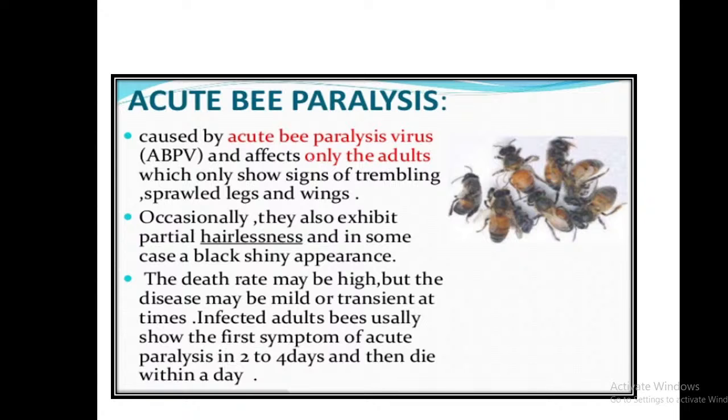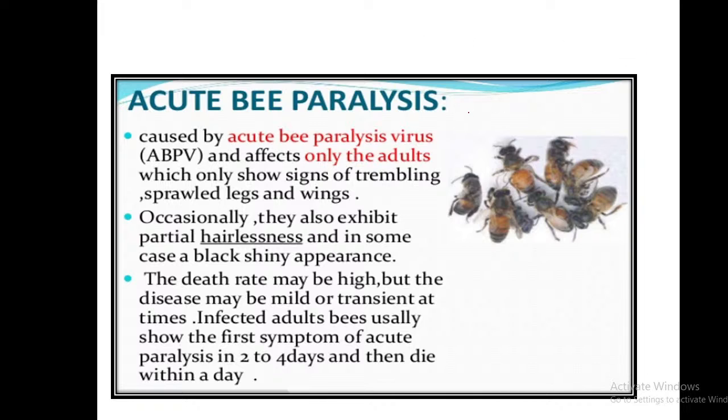Then next is acute bee paralysis. Paralysis എന്ന് വെച്ചാൽ honeybees move ചെയ്യാൻ പറ്റാതെ വരുന്നത്. That is known as acute bee paralysis, and that is caused by ABPV, that is acute bee paralysis virus. This is also caused by a virus.